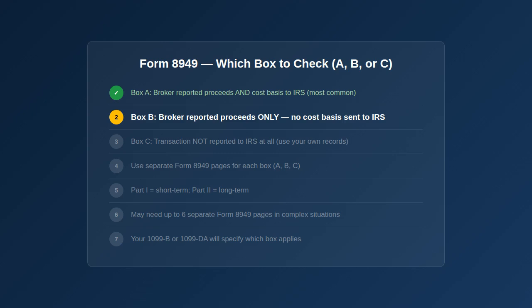Box B is for transactions where your broker reported proceeds to the IRS but did not include the cost basis. Box C is for any transactions not reported to the IRS at all. This includes sales from non-reporting brokers, foreign exchanges, or peer-to-peer transactions. You may need to complete multiple Form 8949s, one for each applicable box, and one for short-term and one for long-term.